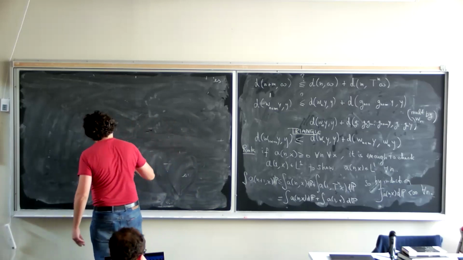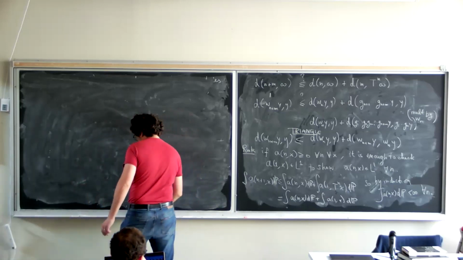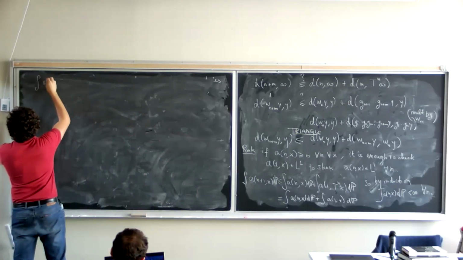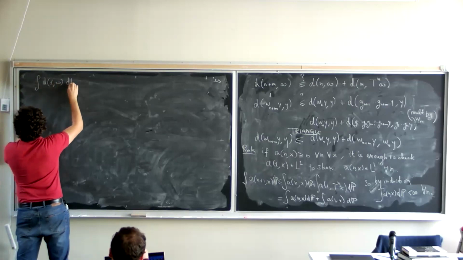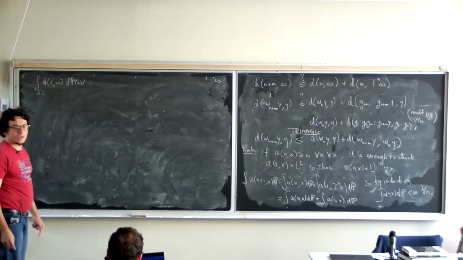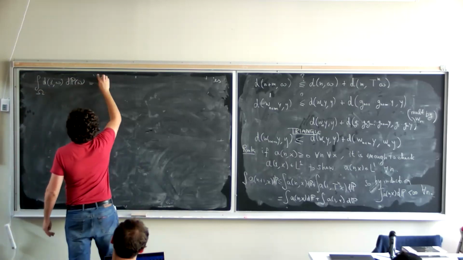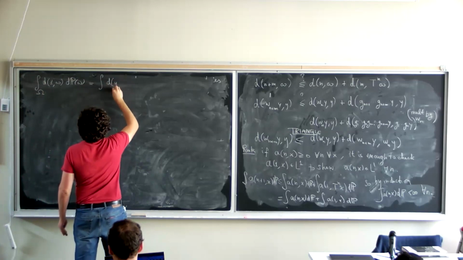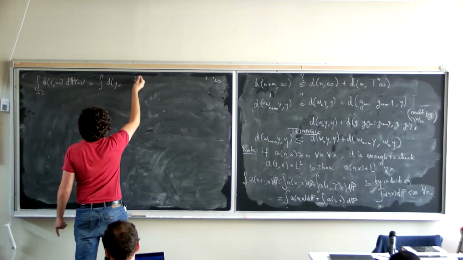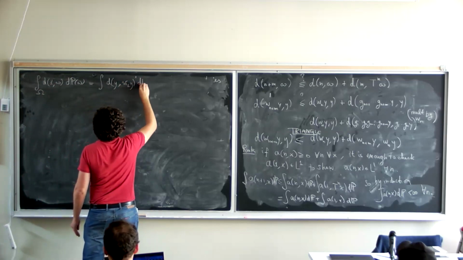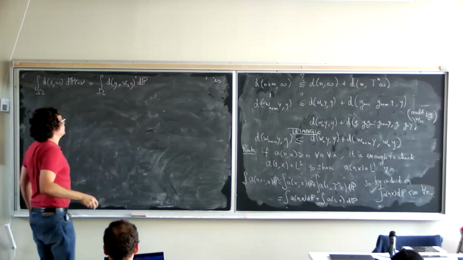Now why is A1 integrable? Well, we have to check the integral of A1, which is d(W1 y, y) dp(omega). Well, this is the integral of d(W1 y, y) dp in omega.